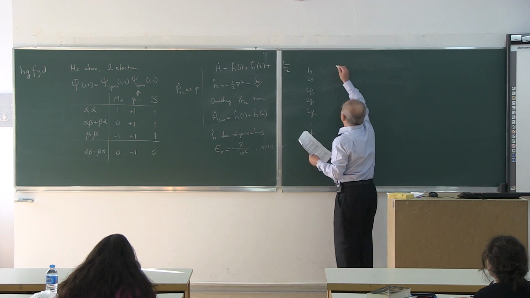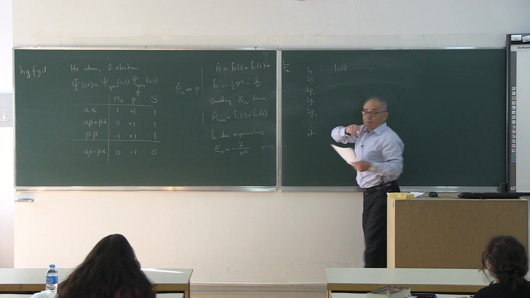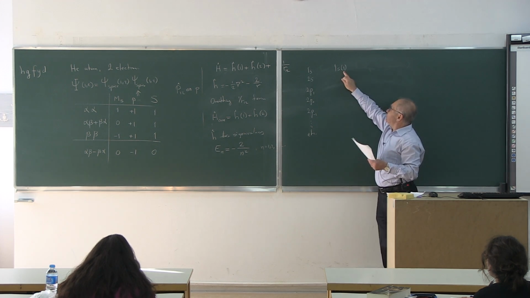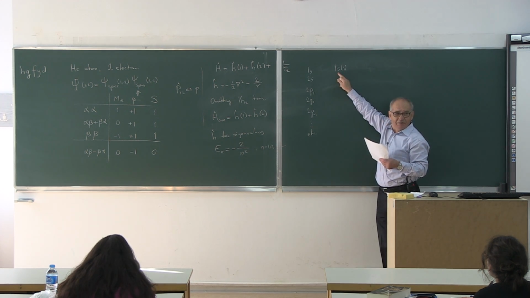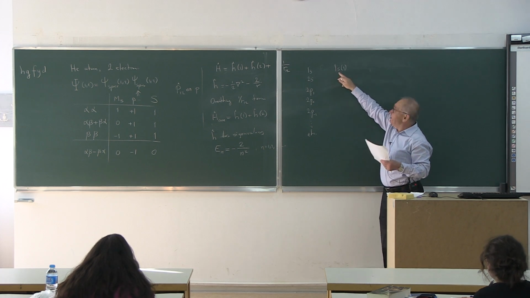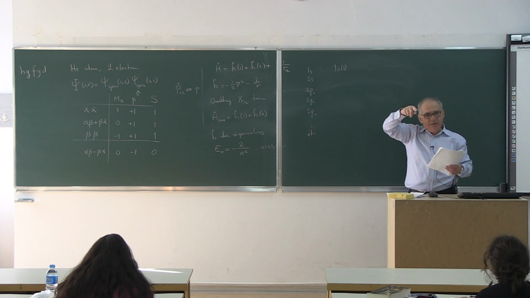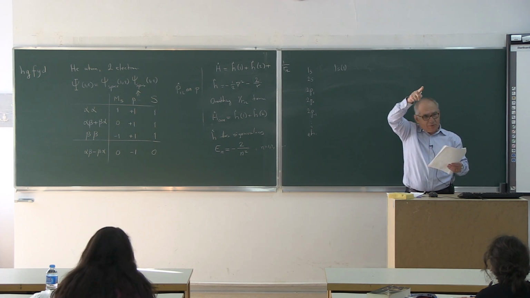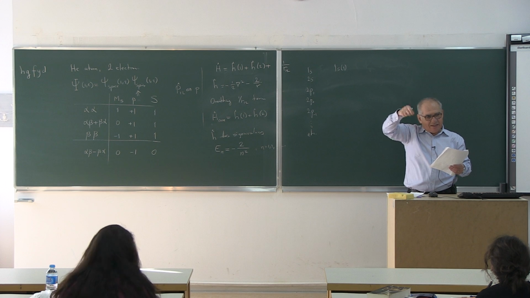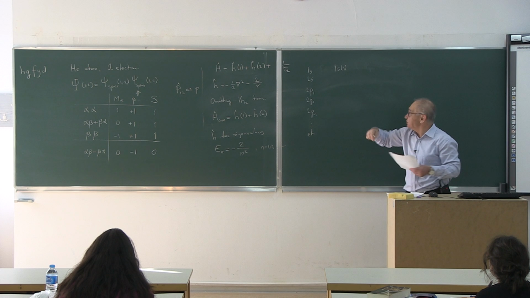For example, when we write such an expression, this means for the first electron, we have selected the 1s orbital. So remember, this is a function. In the function, we attach number 1 as the index label for the variables of the first electron.